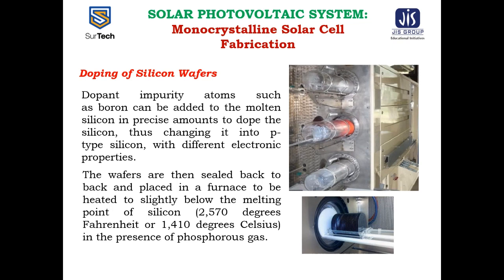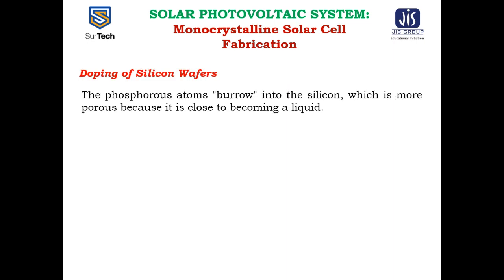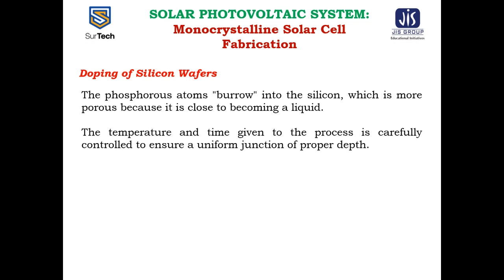The wafers are stacked into a quartz boat and put in the heated oxidation chamber. The phosphorus atoms burrow into the silicon, which is more porous because it is close to becoming a liquid. The temperature and the time given to the process are carefully controlled to ensure a uniform junction of the proper depth.